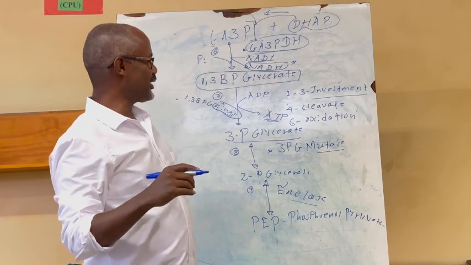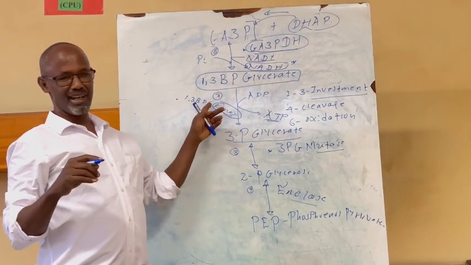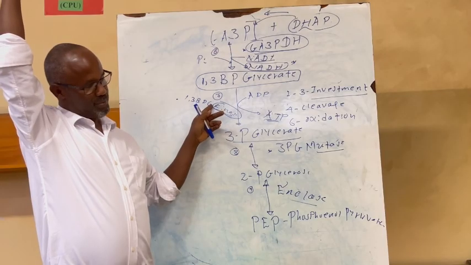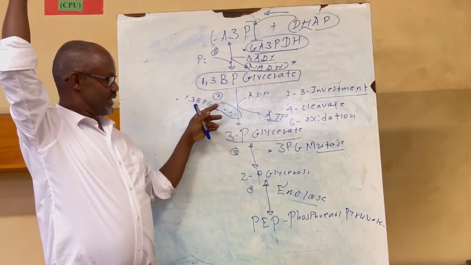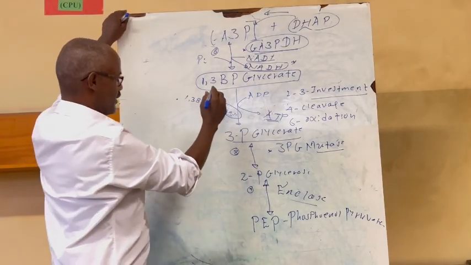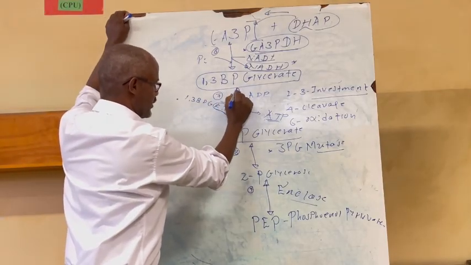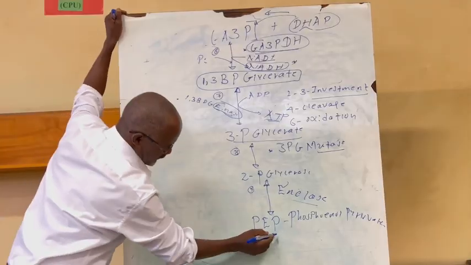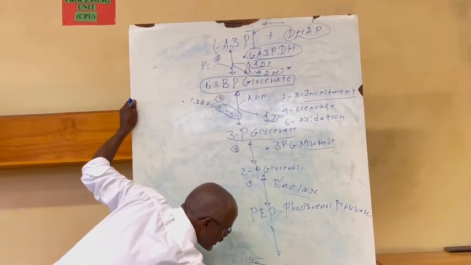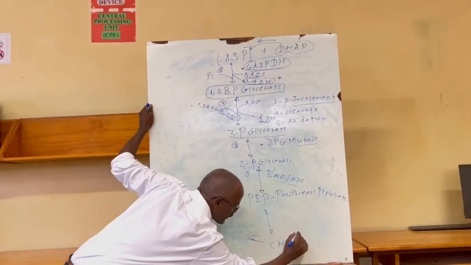Now we are coming to look at the irreversible step. Remember the irreversible steps, step 1, step 3, and of course this is not a reversible step. This one, phosphoenolpyruvate, changes into pyruvate. Let me write the formula.